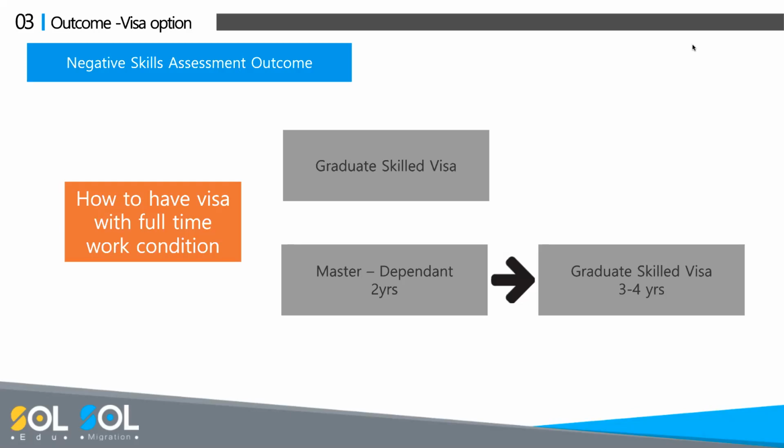But if you ask us about the opportunity to apply for permanent residency, then I can guide you. There is no option, and your possibility is very limited because your skill assessment is negative. Then you have to study again.